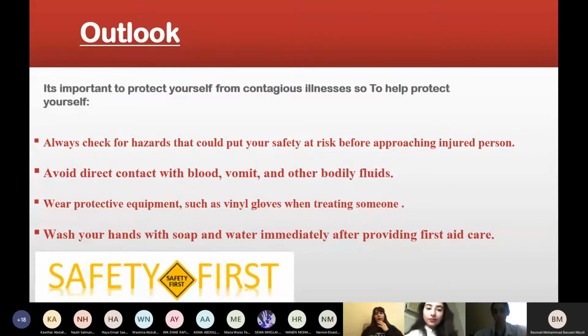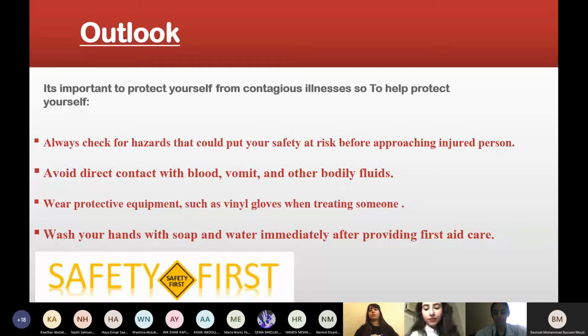Okay. As Dr. Rawan said, there is a way to protect ourselves while helping others. It's very simple. You just have to be sterilized, wearing gloves. Also, you should check the area before you provide any medical help.